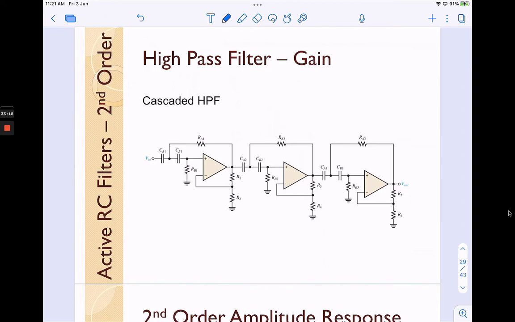Okay, it is actually a 6th order filter. Okay, does it have unity gain, or does it have some gain? Is it unity or does it have some gain?